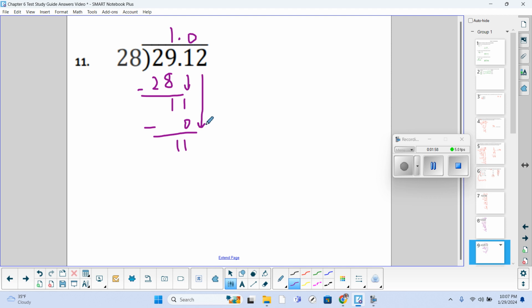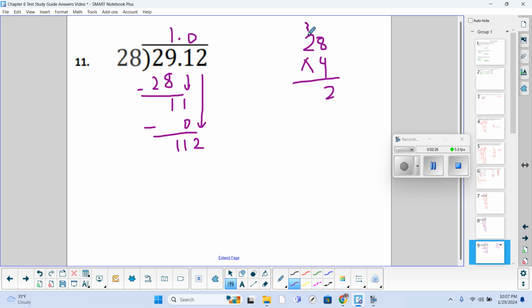Now I can bring down that 2 and see how many times does 28 go into 112. All right, well, this is close to 30. So 30 times 3 is 90. 30 times 4 is 120. Let's try 4. So I'm going to do some scrap work over here. 4 times 28. Let's see what happens. 4 times 8 is 32.